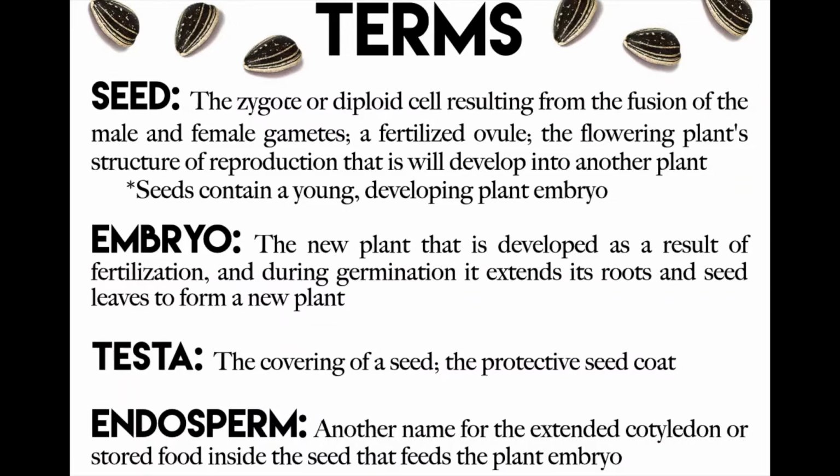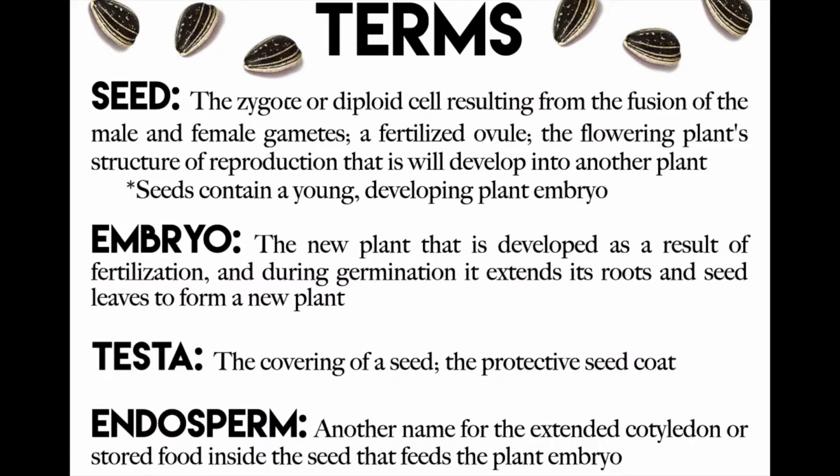Once we create the zygote, that baby starts growing. That's the embryo. So we're going to see the baby seed start developing and growing. Basically, a seed cannot just develop out of a flower. It needs that pollen to germinate it.